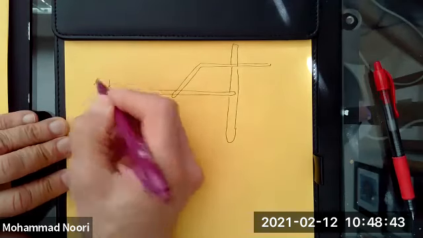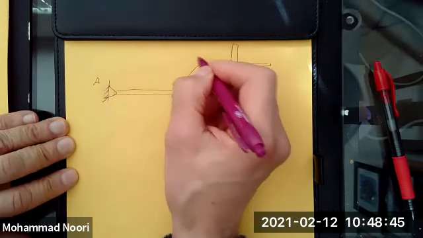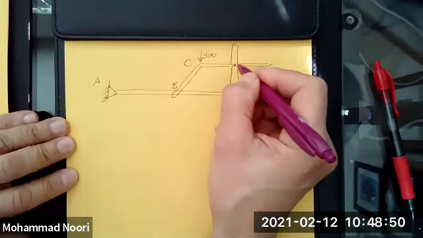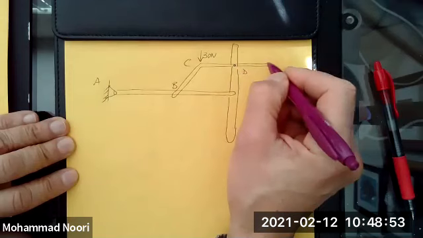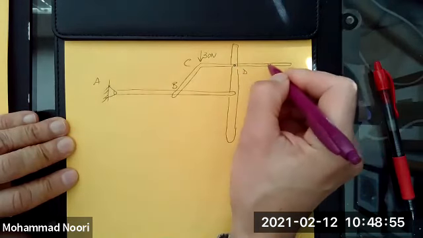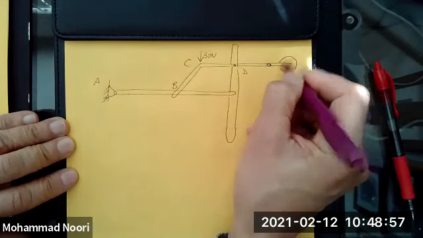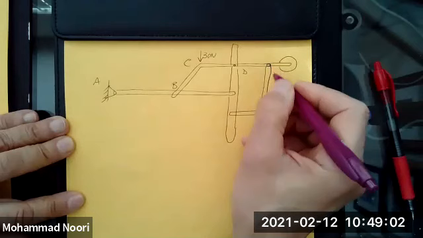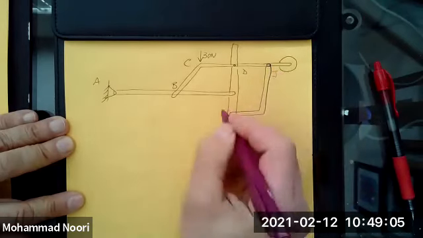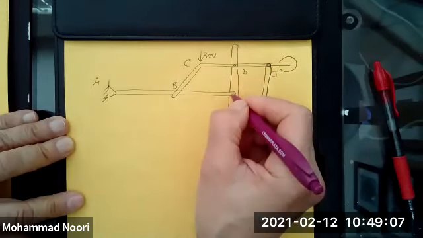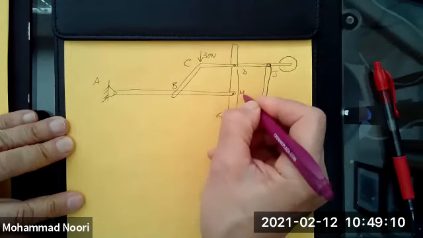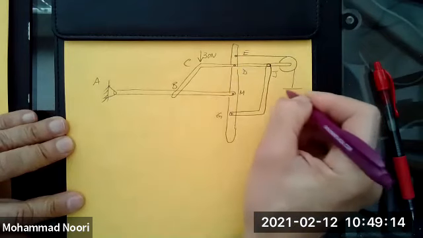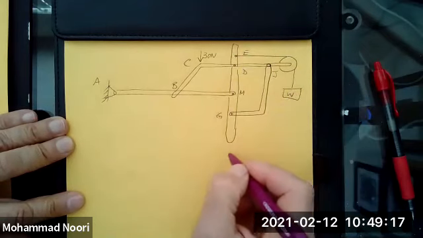Okay. Let me label those. At point C, let's say you have a 30 Newton force. This is point D. This is member G. This is point M. Let me label that as E. This is the weight that this structure is carrying.